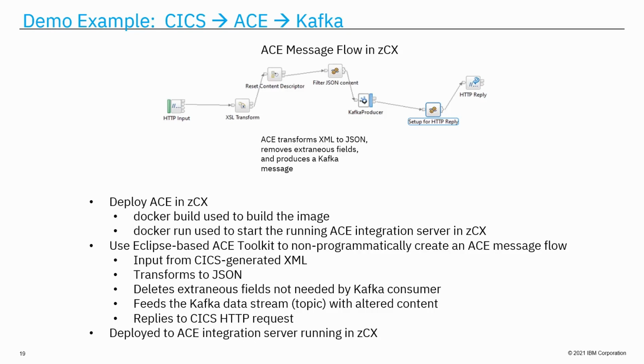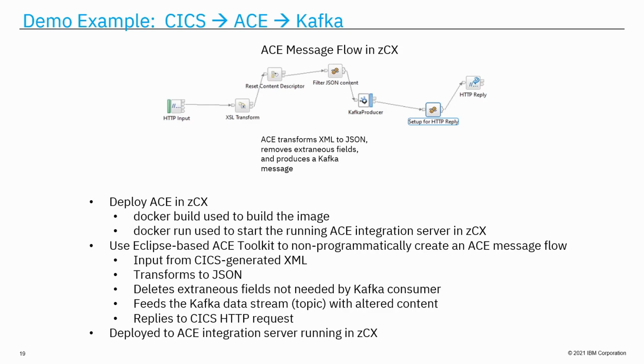And the way I create an ACE message flow, without having to write a single line of programming, to transform the data from the XML that Kix has generated into this JSON data that has extraneous fields removed, is to use this Eclipse-based ACE toolkit.